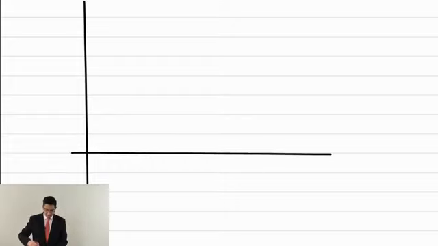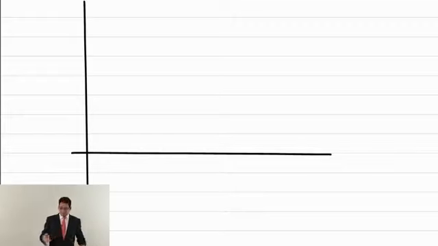So here is the y-axis, and somewhere halfway through I can draw the x-axis. First of all, the labels.